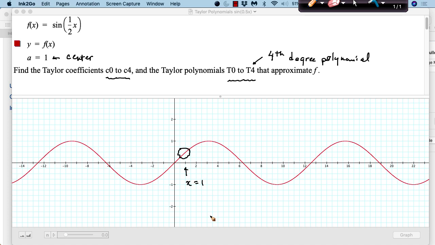So first we're going to find the Taylor coefficients, C0, C1, C2, C3, C4. Once you have those, then you can write a series of polynomials. Each polynomial will include all the terms from before. So the 4th degree polynomial, the last one that you write, will have terms of all degree up to degree 4.